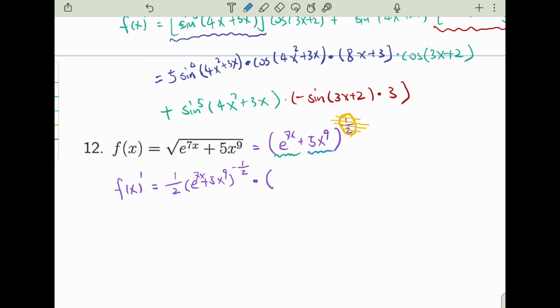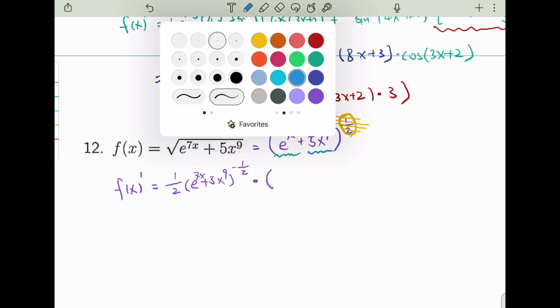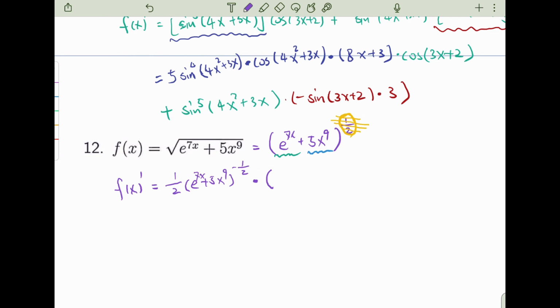For the derivative of the green thing, we need to apply the chain rule, because the 7x is acting like the inner function. So we view this as a whole thing, right? The derivative of the exponential function is the exponential function itself. So it's e to the x, but the x here is now replaced by the inner function 7x.